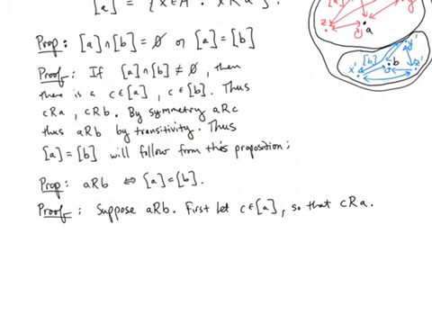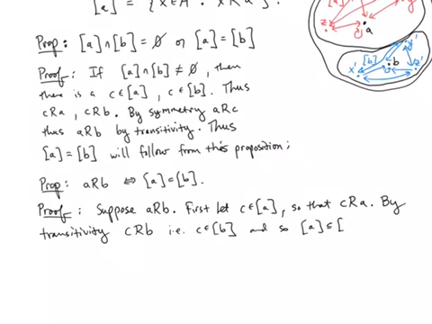C is related to A is related to B, so C is related to B by transitivity. I.e. C is in the equivalence class of B, and so the equivalence class of A is contained in the equivalence class of B.